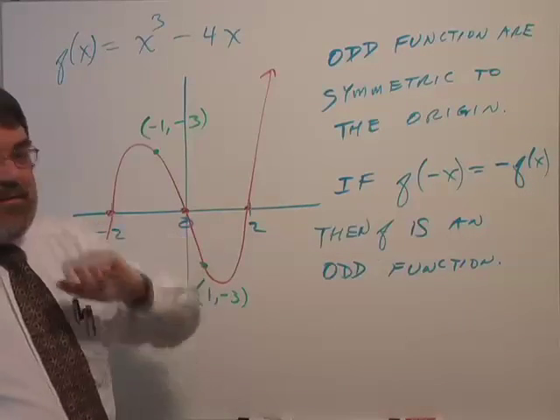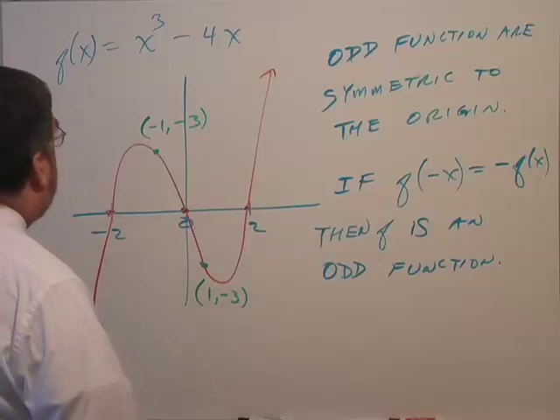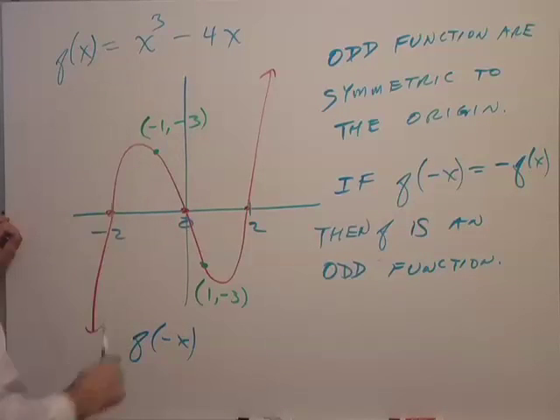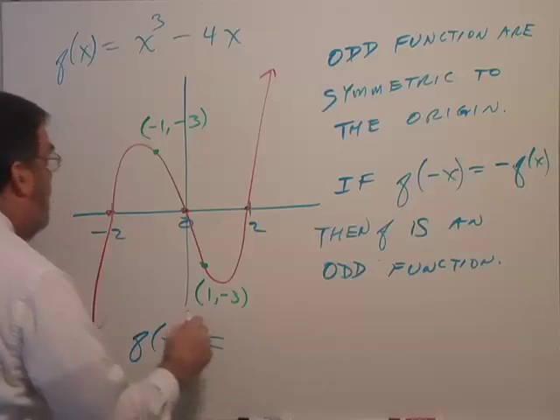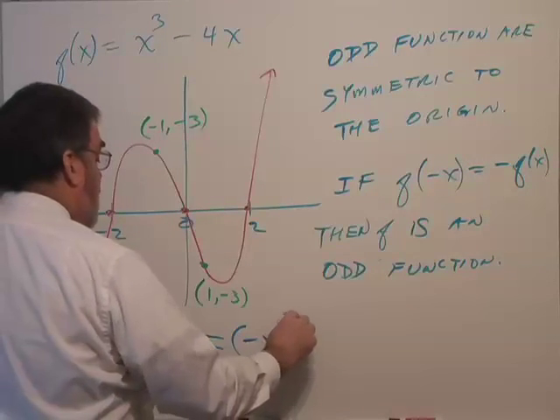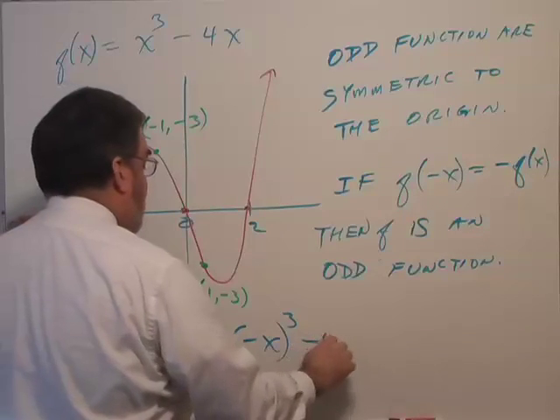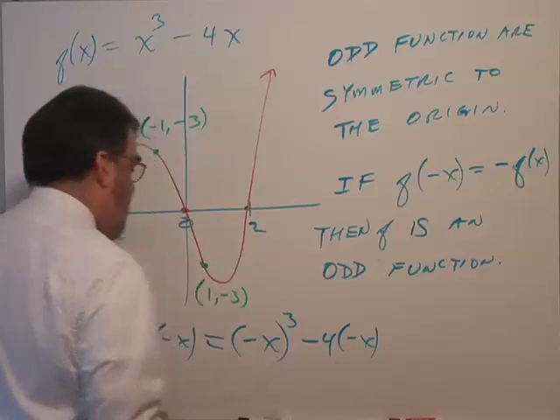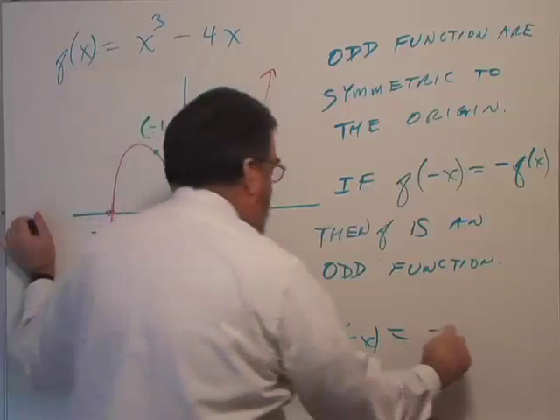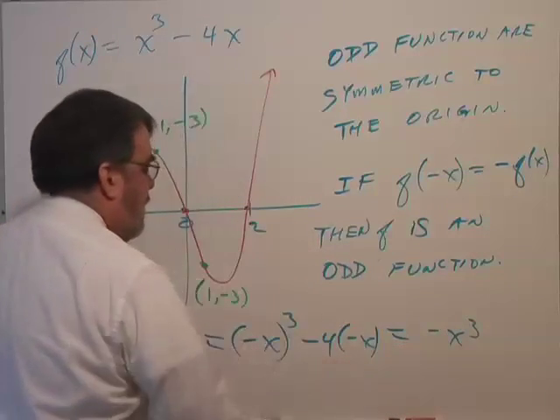We'll test it on this just to show you what it looks like. So f of negative x, referring to this function, I replace x's with a negative x, and I get negative x quantity cubed minus 4 times negative x. This will be negative x cubed, and this will become plus 4x.